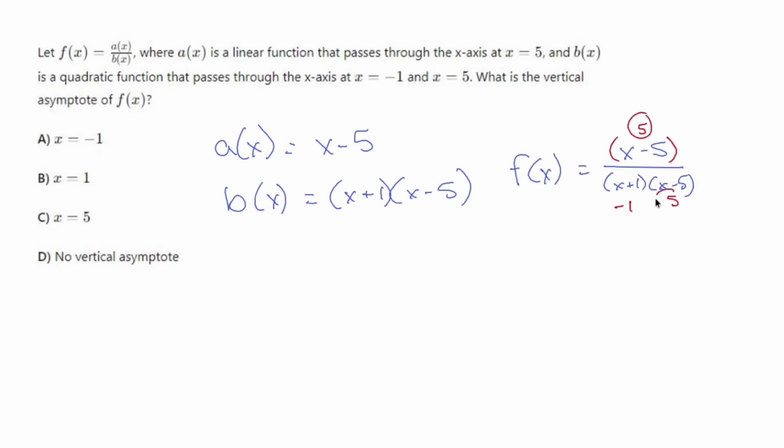When we have the same amount on the top and the bottom, that is a hole. That is not what we want here, but bonus. What we want is the fact that -1 is my magic number on the bottom. So I have a vertical asymptote living at x equals -1. And so therefore my answer is A.